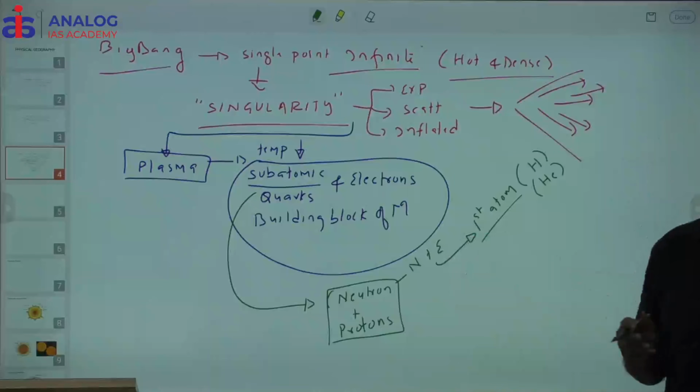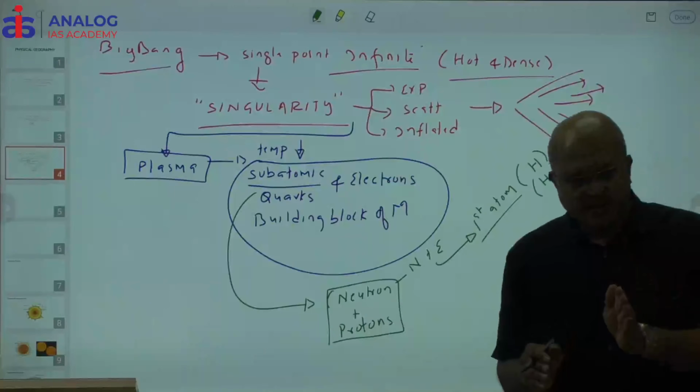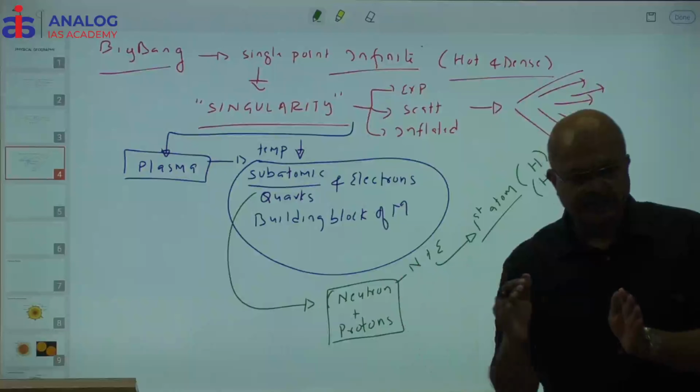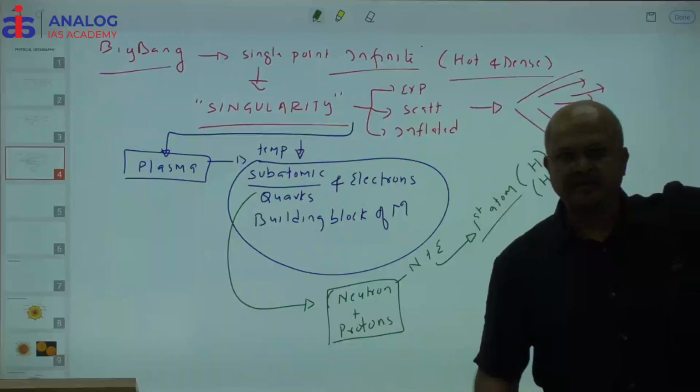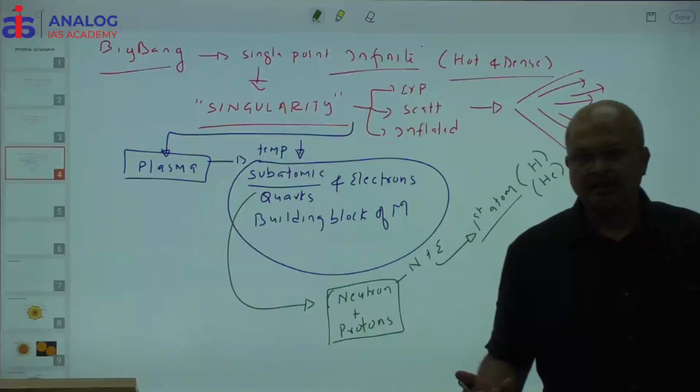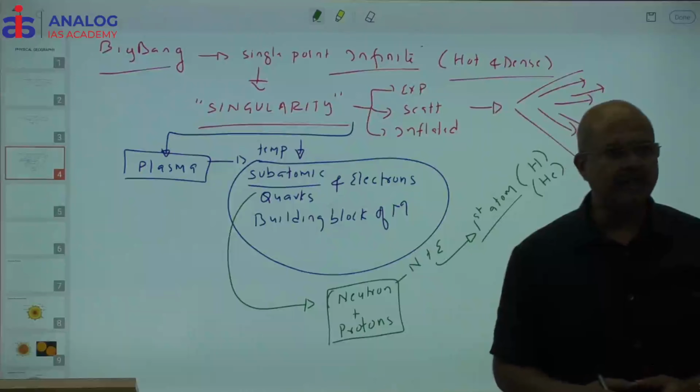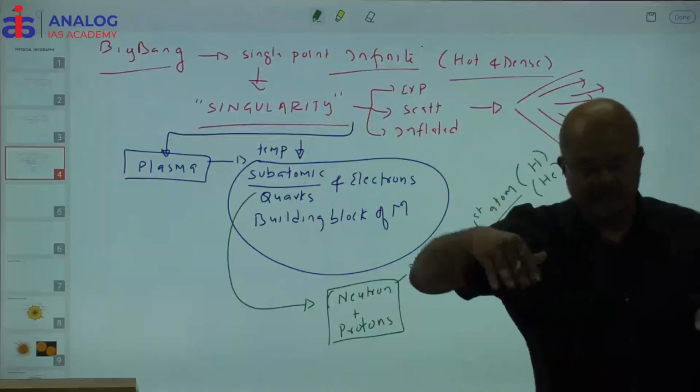And here understand, the nucleus combining with the electron: we don't know whether it is the first time or it existed before. We don't have any idea. So this event is referred to as the epoch of recombination.